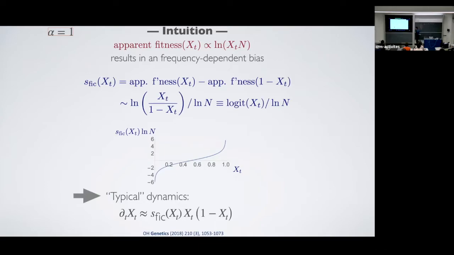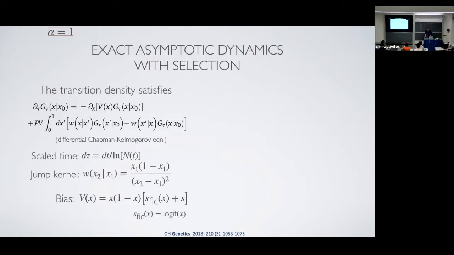And so then really ignoring these rare events again, the typical dynamics that you expect looks like this. In fact, there's a sense in which this is true for the log of the frequency, but I don't want to dwell on that. I want to now give you the full dynamics, which you can show as true exactly.